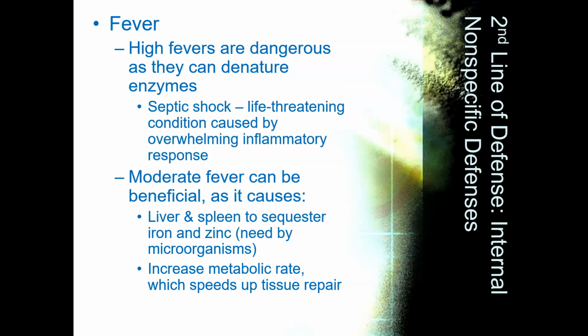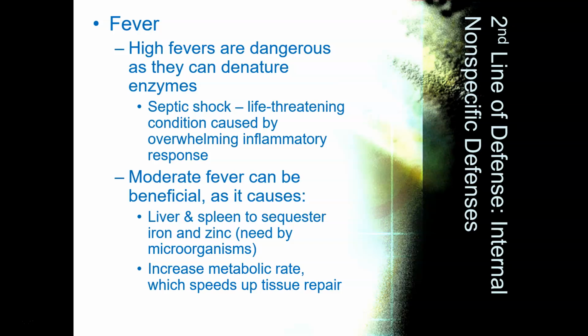So not only is it there to destroy the biochemical molecules of the pathogen, but it also does some other interesting things in our body as well. A lot of microorganisms, bacteria especially, need things like iron and zinc as part of their metabolic processes to gather materials and be able to reproduce.